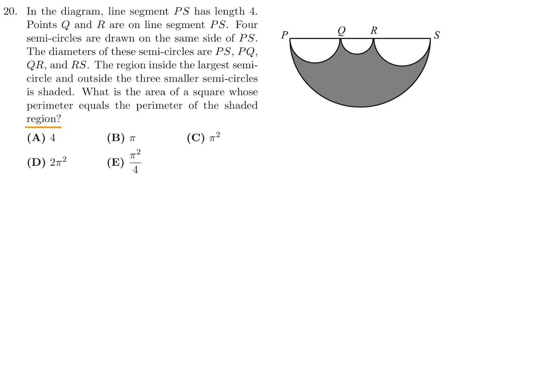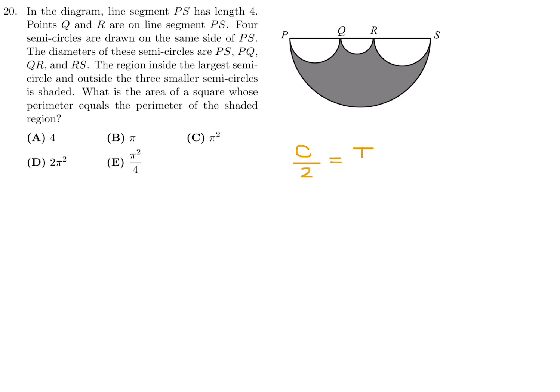So the first thing we need to do is figure out the perimeter of that shaded region. Well, it's going to be the perimeter of the big semicircle plus the perimeters of the 3 smaller semicircles. First, let's figure out the perimeter of the big semicircle. That one is just the circumference of the circle divided by 2.